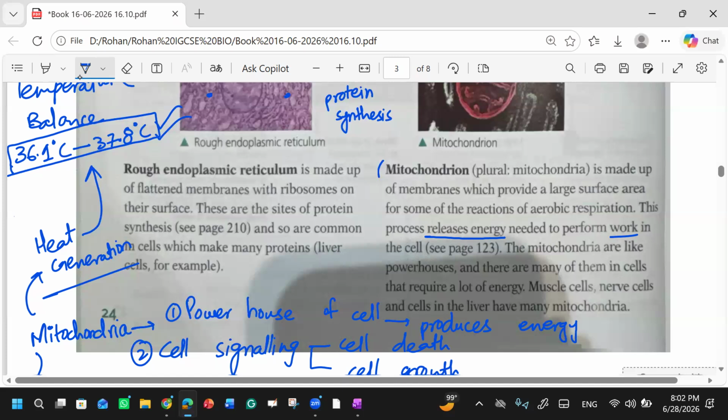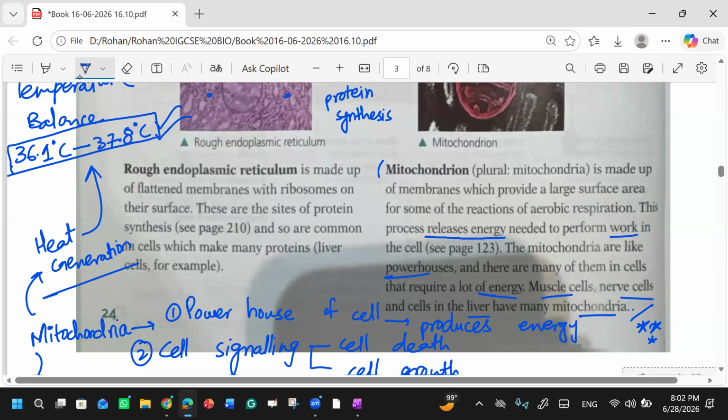The mitochondria are the powerhouse of the cell, and there are many of them in cells that require a lot of energy. Muscle cells, nerve cells, and liver have many mitochondria. This is very important: those cells which need more energy have more mitochondria available.